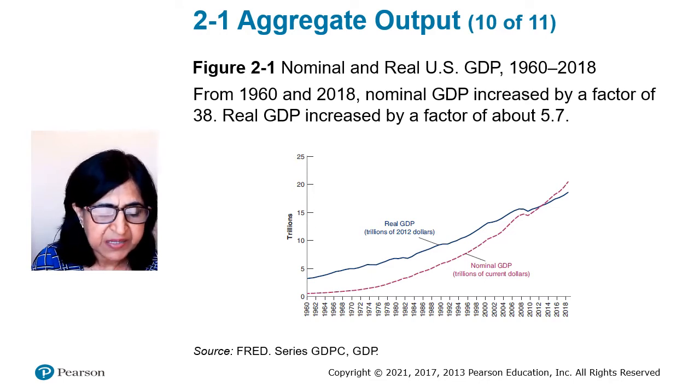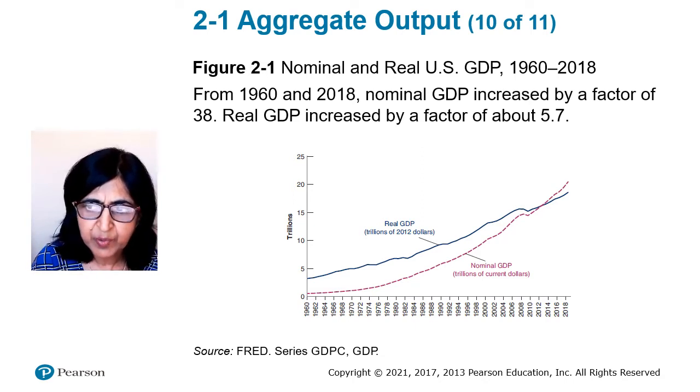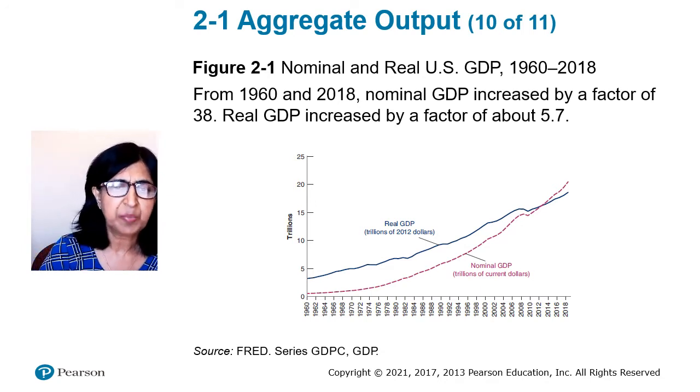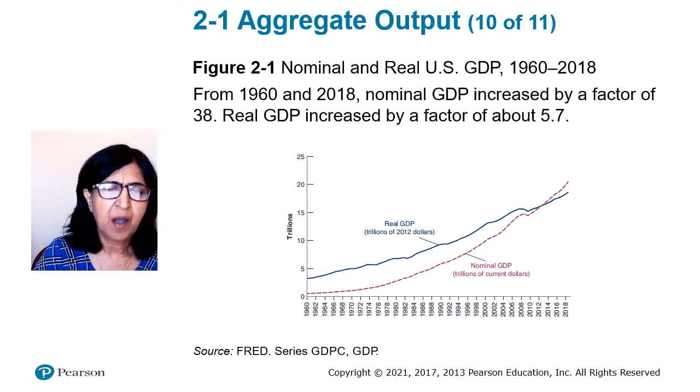From 1960 to 2018, nominal GDP increased by a factor of 38, as shown by the red curve in figure 2-1. Real GDP increased by a factor of about 5.7, as shown by the blue curve. Nominal GDP and real GDP are always equal in the base year, which in this case is 2012, so the two curves cross in 2012.